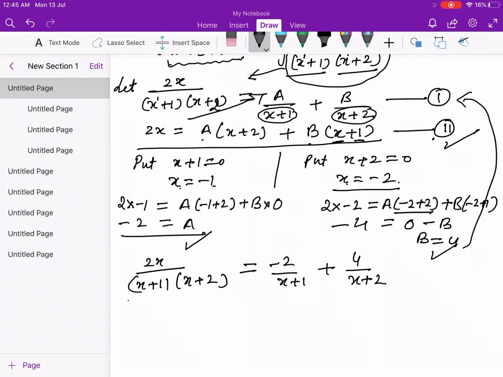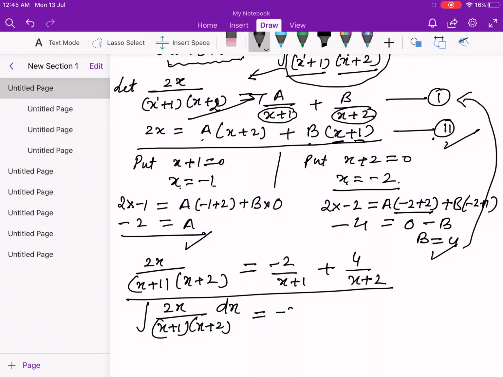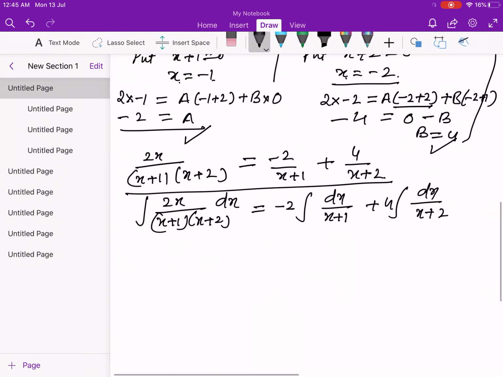Now write this in the integral form, that is integral of 2x upon (x plus 1) into (x plus 2) dx equals constant outside, dx upon x plus 1, plus 4 times dx upon x plus 2, which is equal to minus 2.